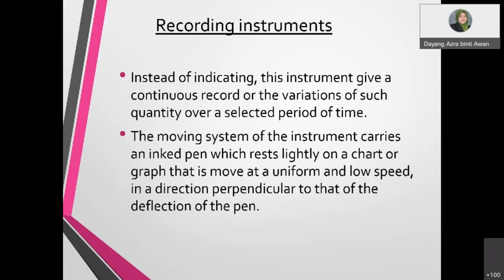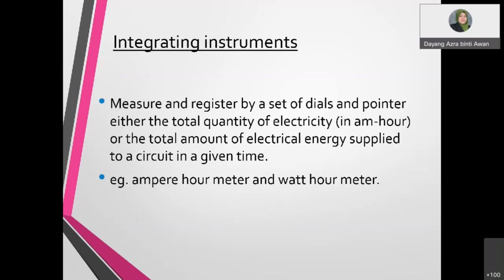The moving system of the instrument carries an ink pen which rests lightly on a chart or graph that is moved at a uniform and low speed in the direction perpendicular to that of the deflection of the pen. Meaning like the graph chart of your daily heartbeat, that is what we call recording.